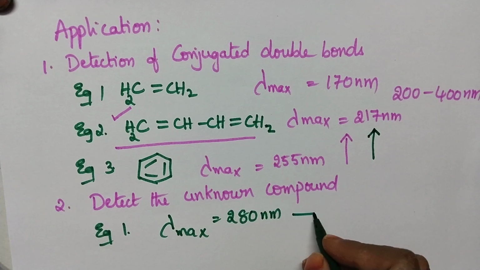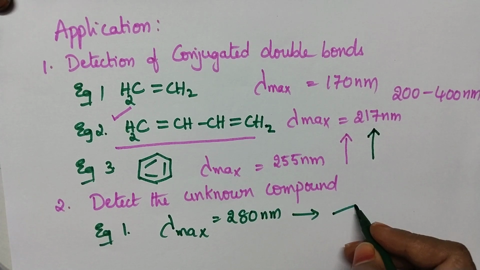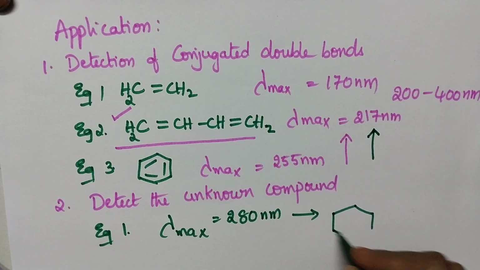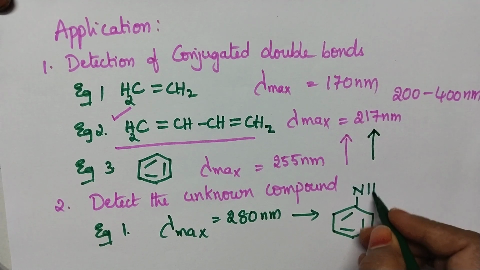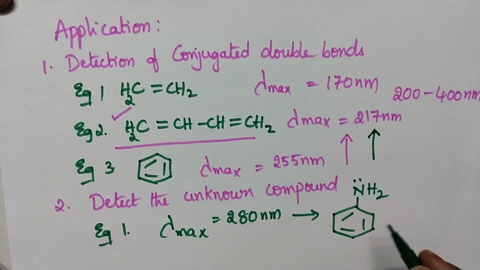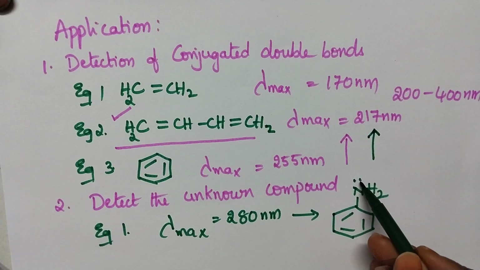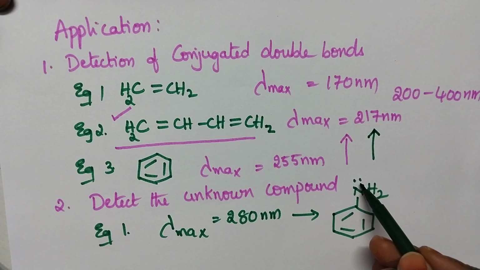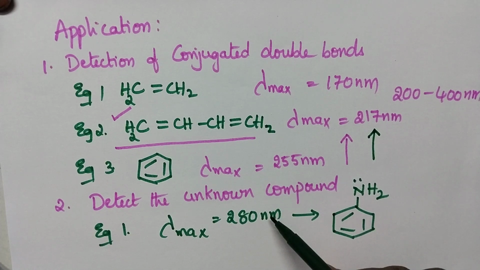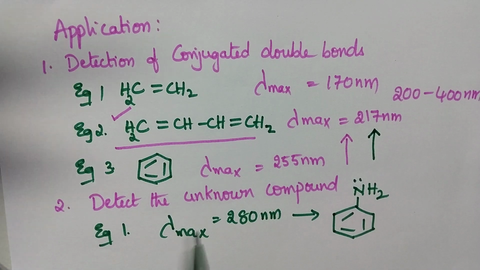That means the given compound may be aniline. Since the presence of a lone pair of electrons on nitrogen will extend the conjugation, the absorption maximum will be shifted to the higher wavelength region.